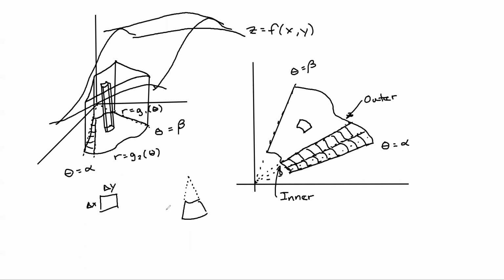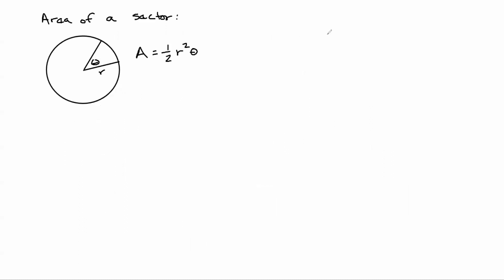And so what we can do is find the area of a big sector and the area of a little sector and subtract the two, and we'll get this shape. All right, so how do we do that? Suppose we've got a circle, and then inside of it we do another circle.